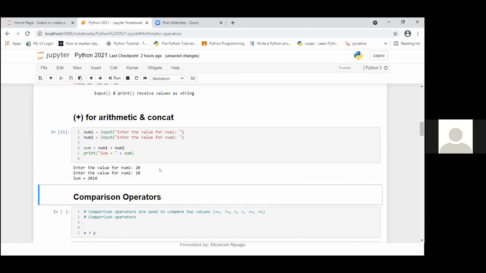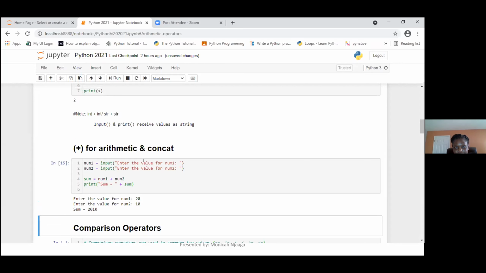2010. Mm-hmm. So what I wanted to teach, or to mention, is that when we are doing the plus that involves integers, you can only concatenate like terms. If it's a string, you can concatenate with another string.